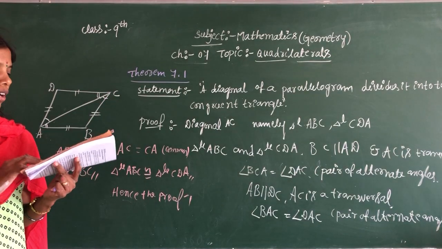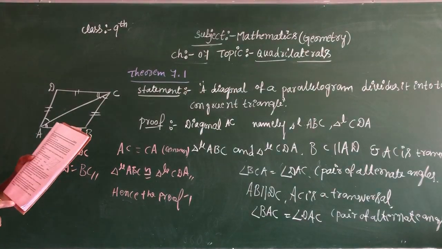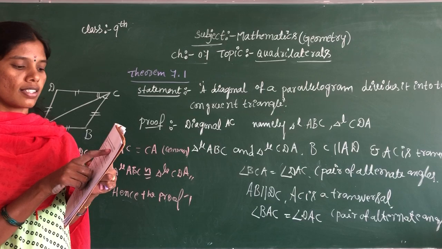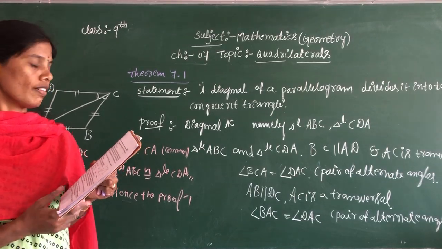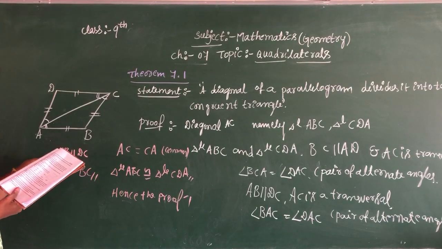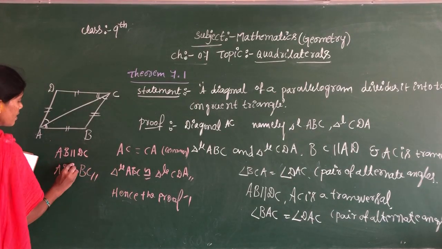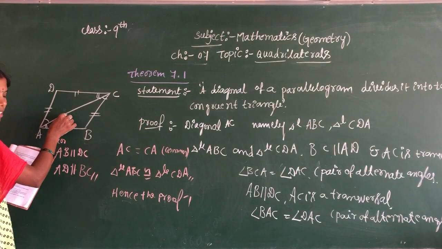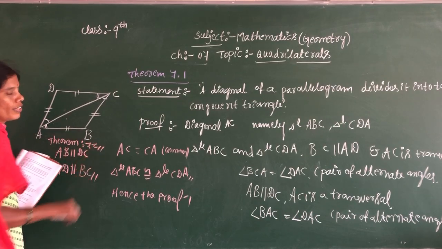Okay. Now let us look at the triangles. What can you say about the corresponding parts, the corresponding sides? In the second one, I already wrote AB parallel to DC and AD parallel to BC. This is theorem number 2. This one you should write as theorem 7.2.